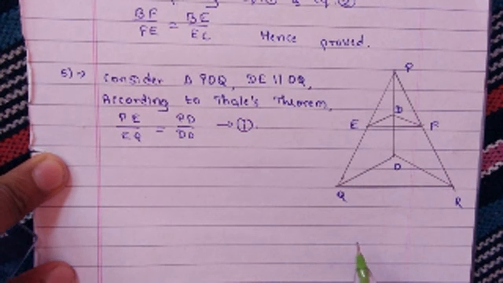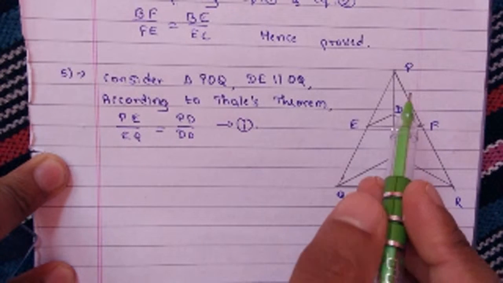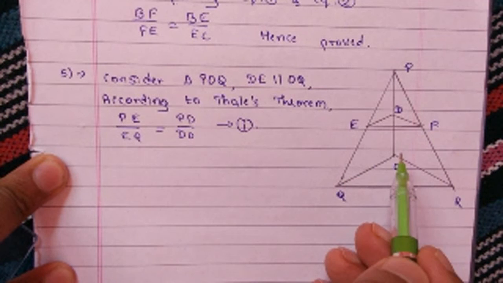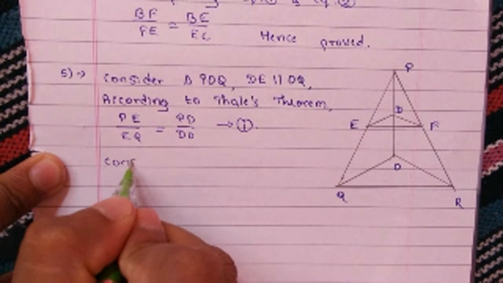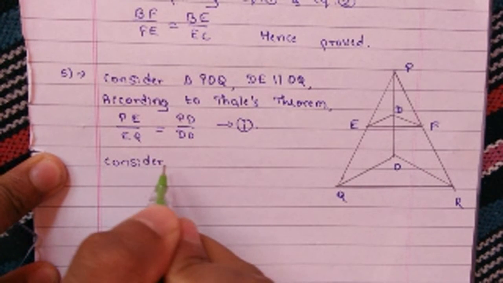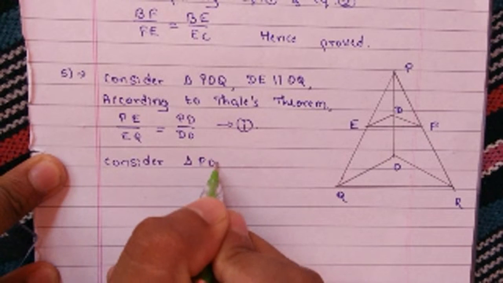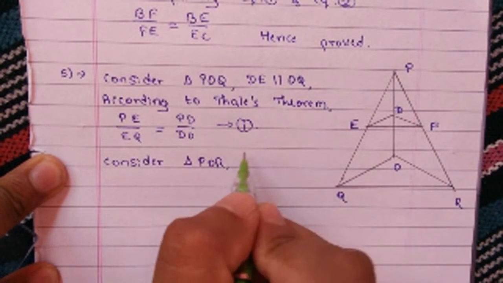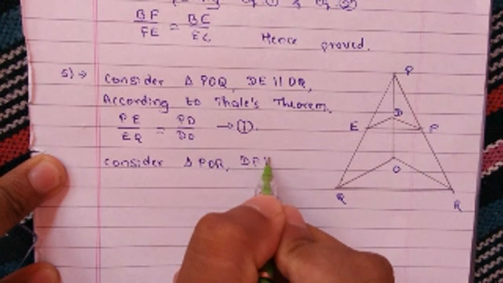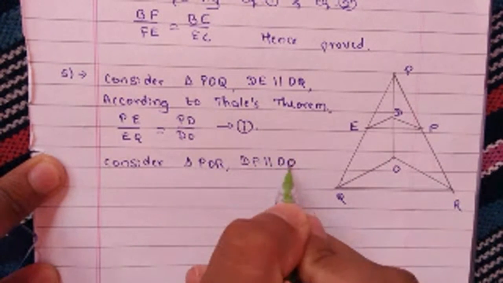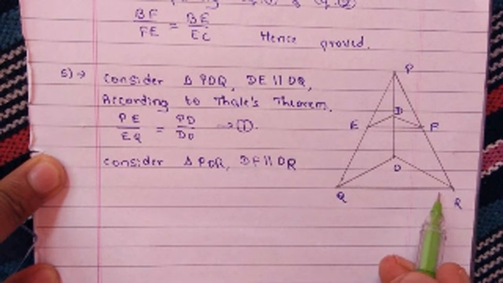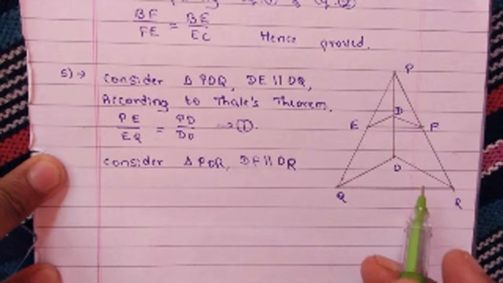Now similarly, I'll consider the second triangle, that is triangle POR. In this, DF is parallel to OR. So again we have to apply Thales theorem.